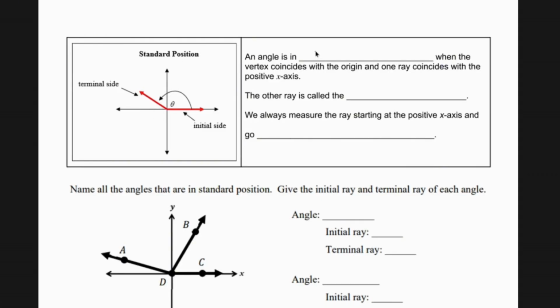So an angle is in standard position when the vertex coincides with the origin, and one ray coincides with the positive x-axis. We call that first ray the initial ray, always on the positive x-axis. The other ray is called the terminal ray.